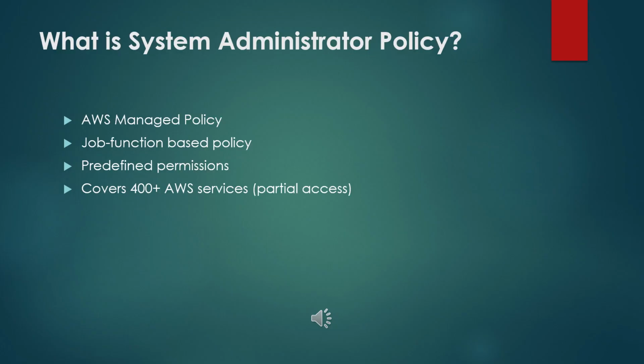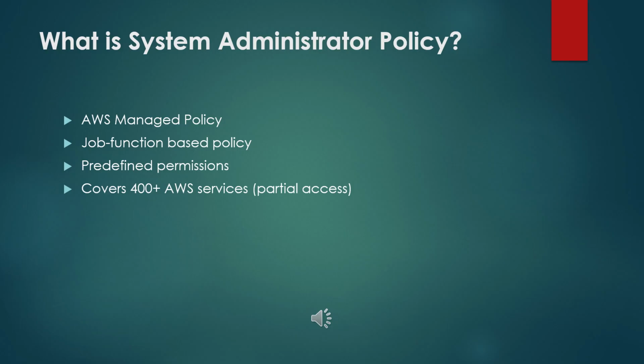What is the System Administrator Policy? The System Administrator Policy is a job function policy. AWS created it for people working in system administration roles. Instead of creating custom permissions, AWS gives a ready-made policy. This policy provides access to many AWS services but not everything. For example, you can manage EC2 instances, monitor logs, deploy applications, and handle scaling.